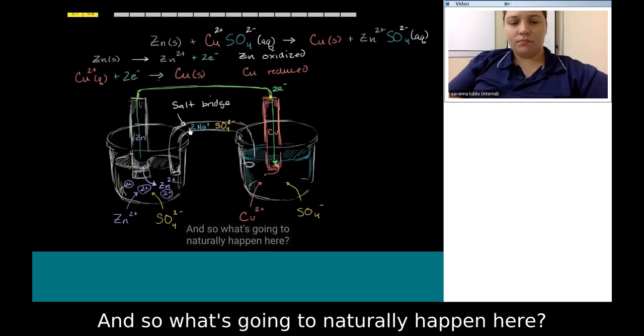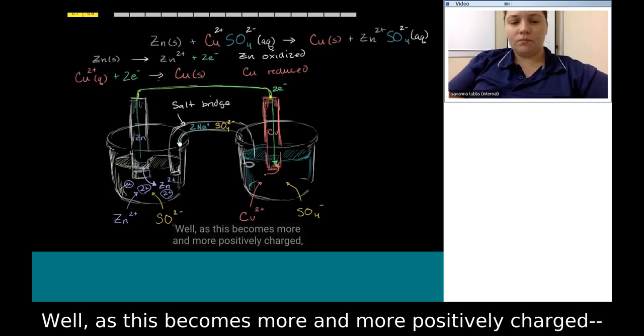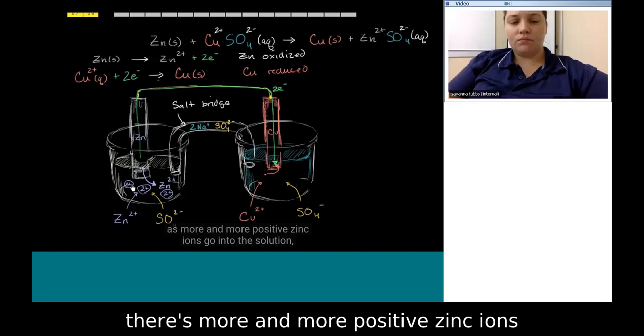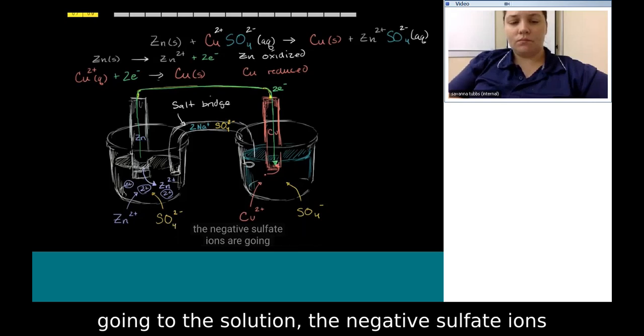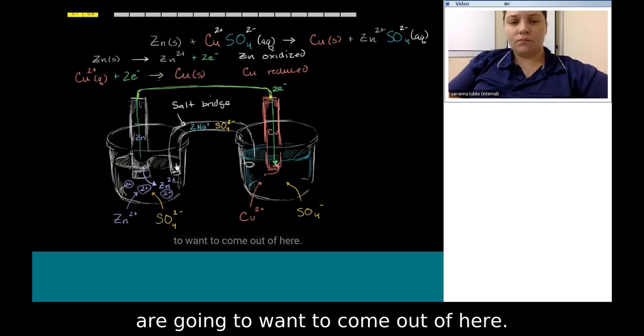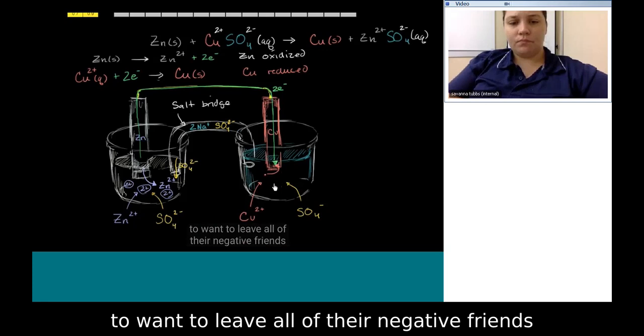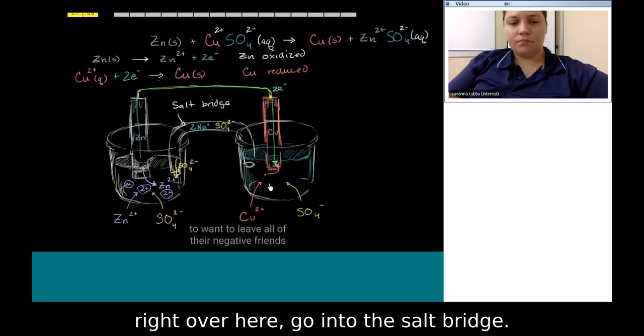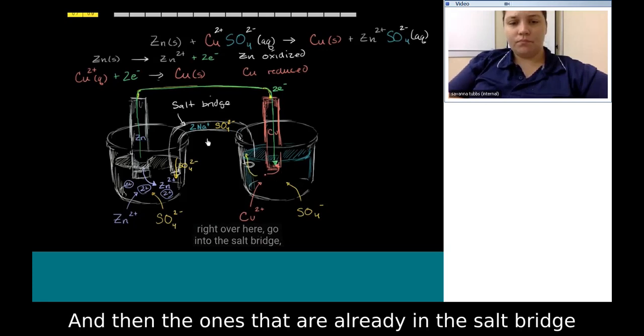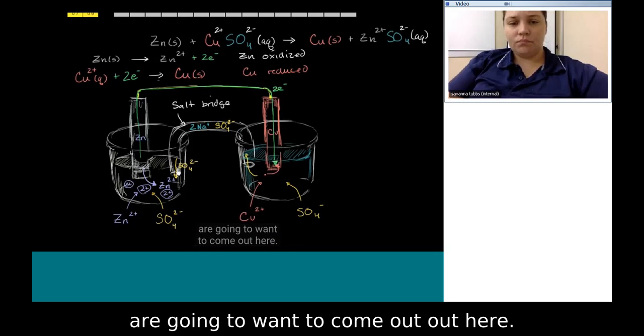And so what's going to naturally happen here? Well, as this becomes more and more positively charged, as more and more positive zinc ions go into the solution, the negative sulfate ions are going to want to come out of here. The negative sulfate ions are going to want to leave all of their negative friends right over here, go into the salt bridge, and the ones that are already in the salt bridge are going to want to come out here.